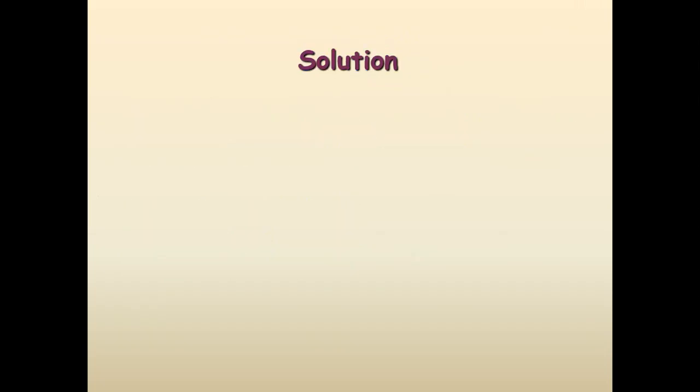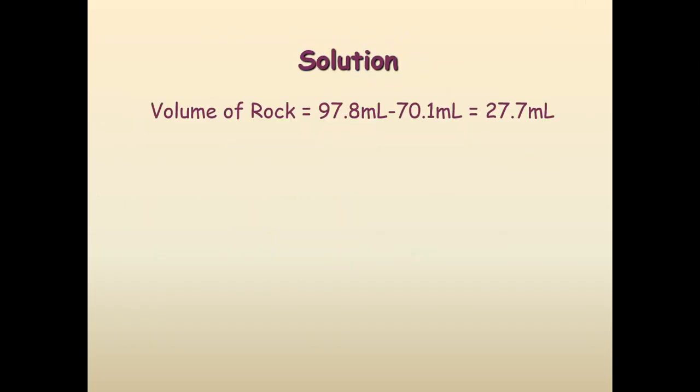I want to know what's the density. So I subtracted. Well, these both use the same exact tool that used 1 digit past the decimal. So yes, my answer for my subtraction should have 1 digit past the decimal.